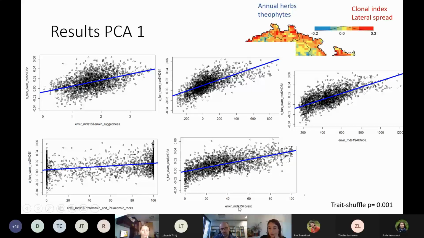Then the percentage of forest cover in the cell. And this is the shuffled P for the whole model, including all of these variables that I told you about.